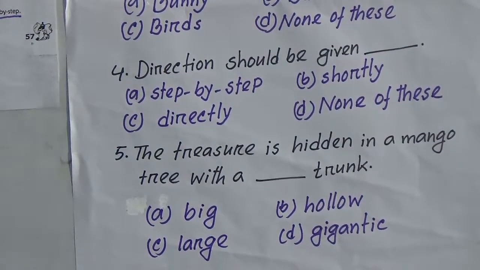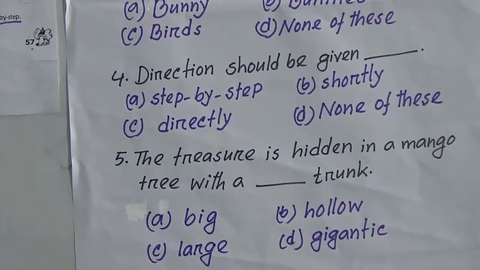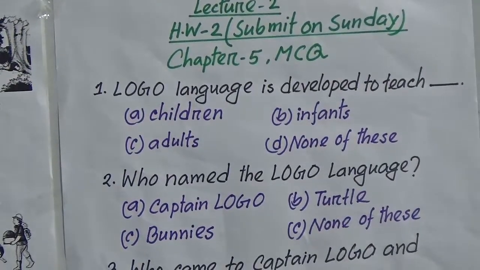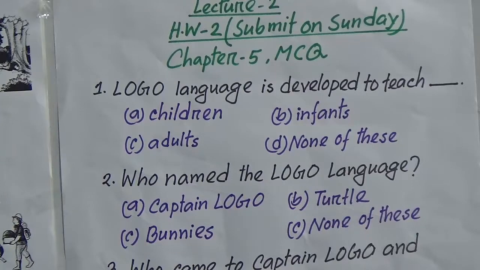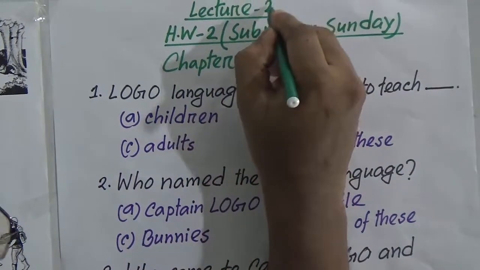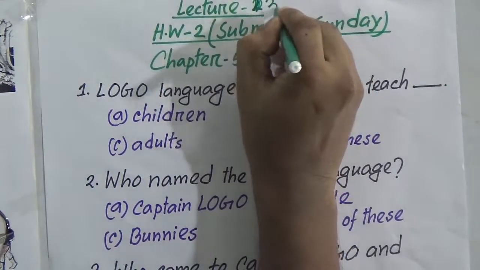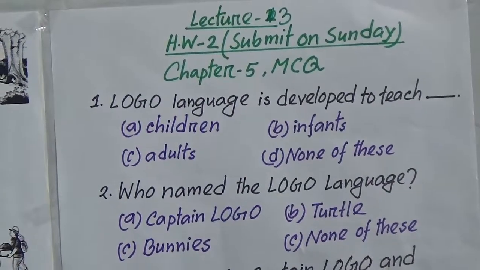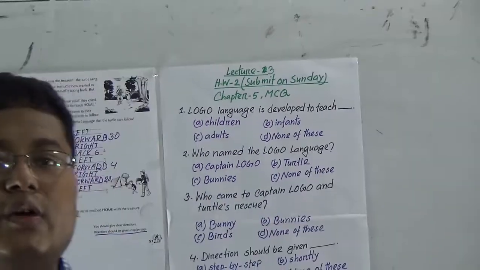There is a correction in the lecture. The lecture will be lecture 3. So, my dear students, do your assignment SW at home. You know SW is very important for you.